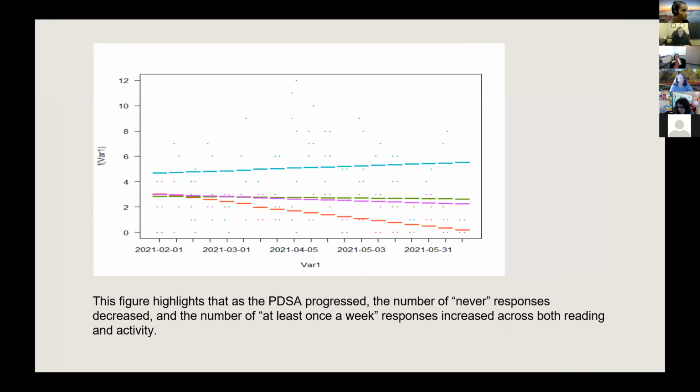Same thing again with this one. The figure highlights that in the PDSA progress, the number of never responses decreased, and the number of at least once a week responses increased across both reading and activity.